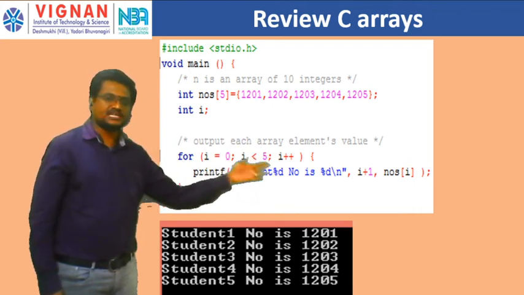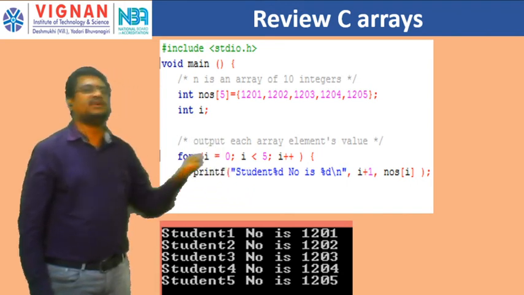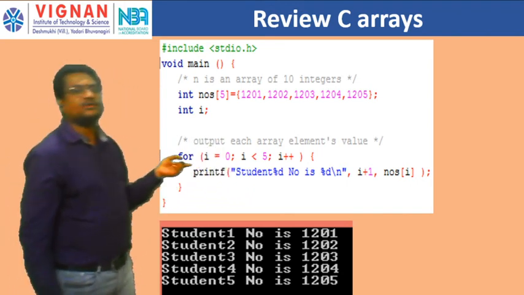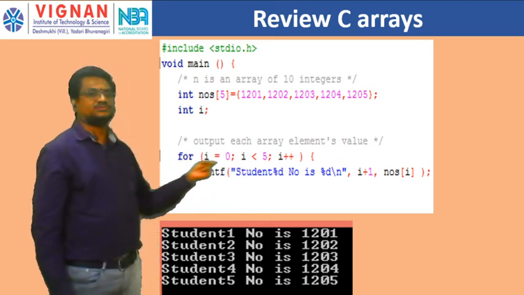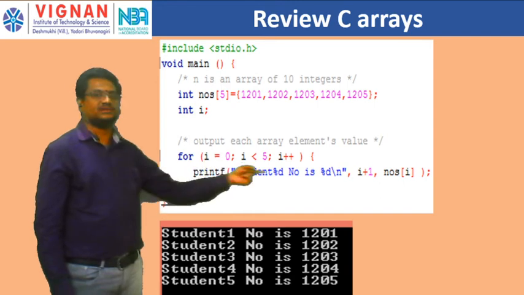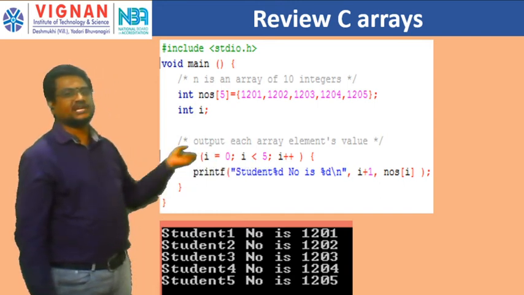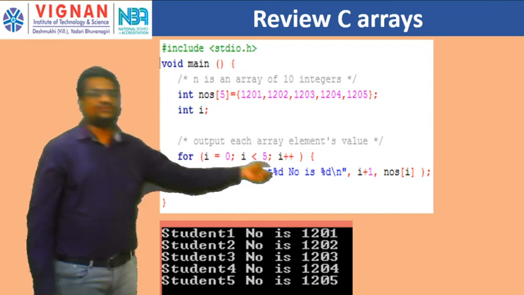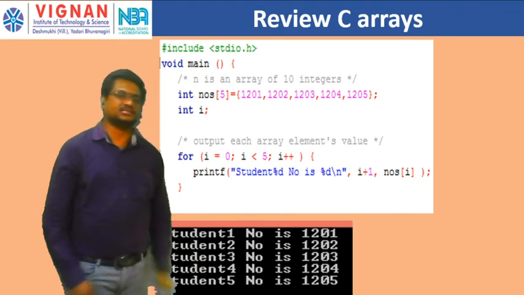My array name is numbers, in brackets I provide the index value. In i I am storing the index value, so that index is reflected by numbers[i]. In each iteration from the 0th to the 4th element, it will be printed like this.